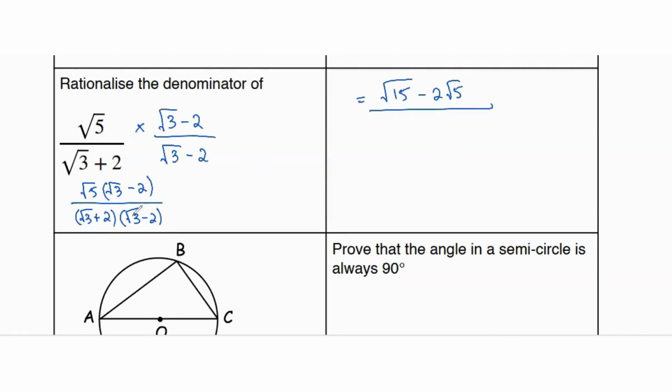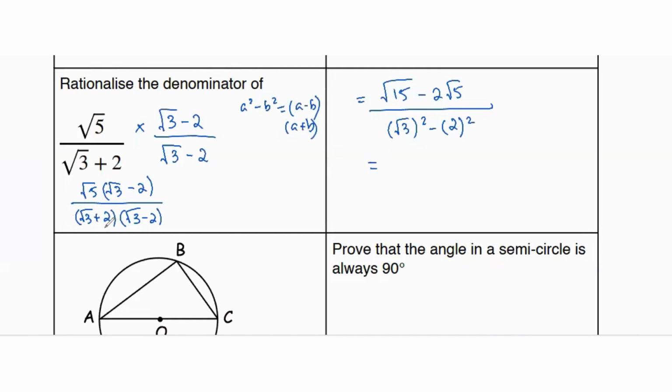And root 3 plus 2 times root 3 minus 2 is going to be root 3 whole squared minus 2 squared. Why? Because if you remember the difference of perfect squares, a squared minus b squared equals a minus b times a plus b. So that's what we're following over here.